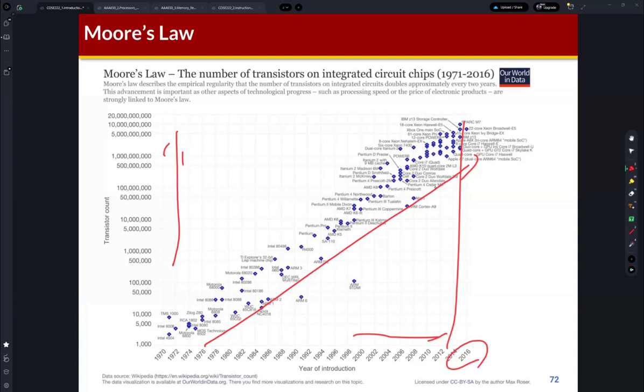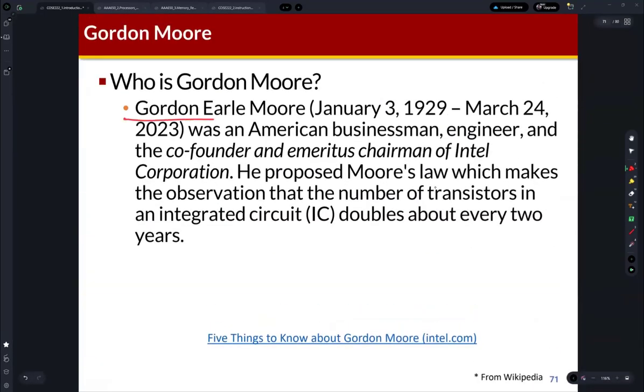Someone expected that Moore's law would end soon, around 20 years ago.